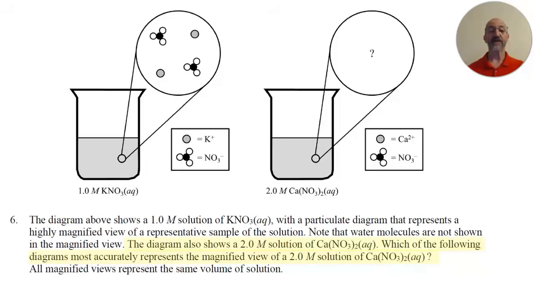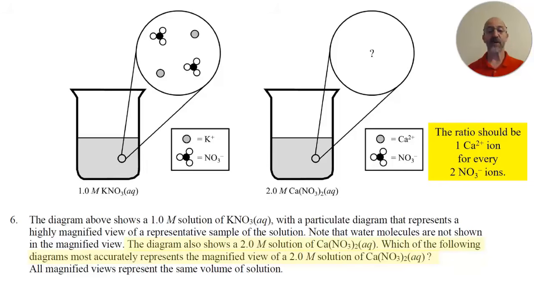Now, just like I talked about in part C of question 5, we need charge balance in these particulate diagrams. So when I say we need charge balance, if we have K+ and NO3-, that would be a 1-to-1 ratio to get charge balance for those ions. But since calcium is +2 and nitrate is -1, then the ratio should be 1 calcium ion for every 2 nitrate ions.